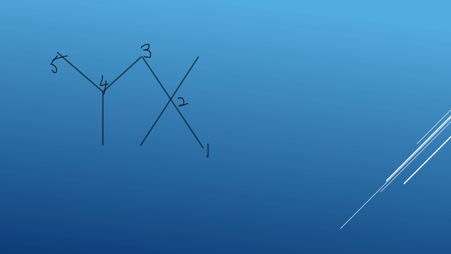So 5 carbons are completed. On the second carbon 2 methyl groups are there, on the fourth carbon 1 methyl. So 2,2,4 dimethyl pentane. Sorry, trimethyl, 3 methyl groups are there. 2,2,4 trimethyl pentane.